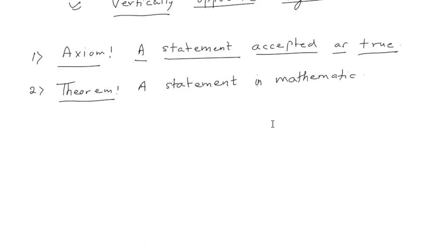In an axiom it is accepted as true, and in a theorem we prove a statement in mathematics that can be proved to be true by some reasoning.